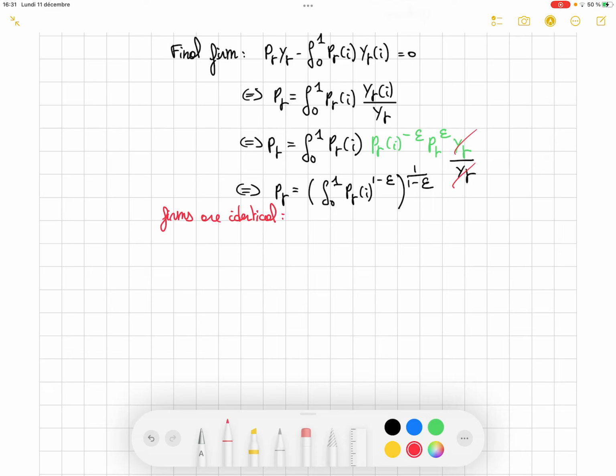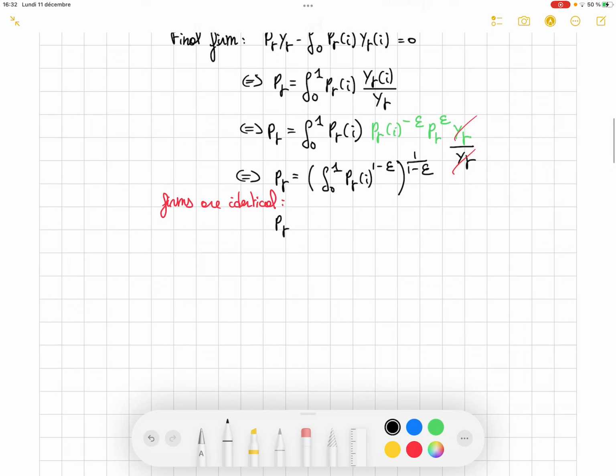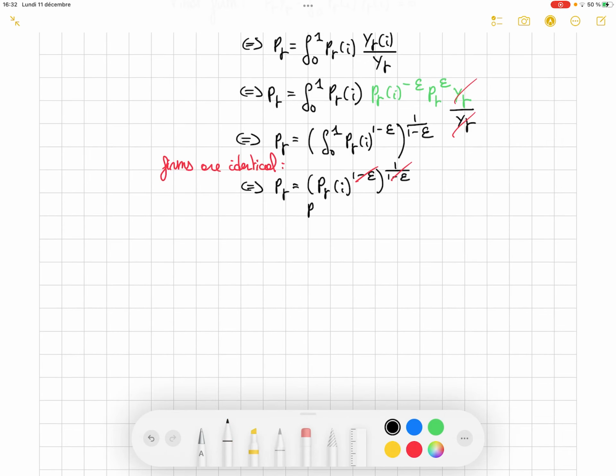That means that at the end you obtain that the price of the final good is equal to just P_ti exponent 1 minus epsilon, all exponent 1 divided by 1 minus epsilon. Of course this cancels out. And an interesting result from the fact that we use a continuum between 0 and 1 is that the price of the final good is equal to the price of the variety.